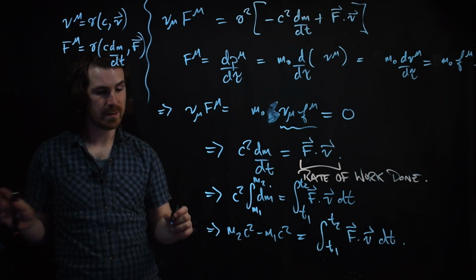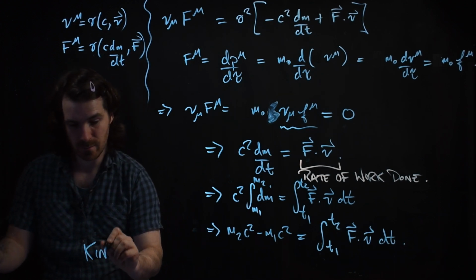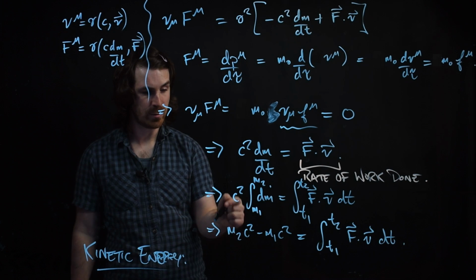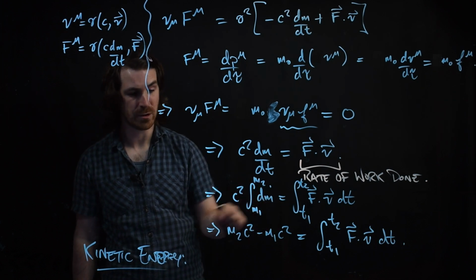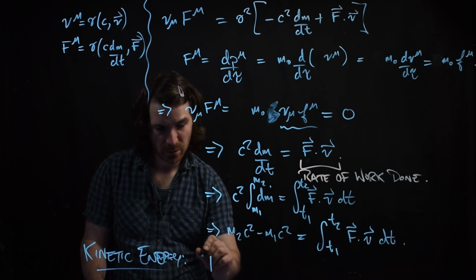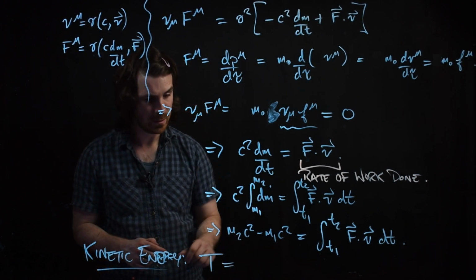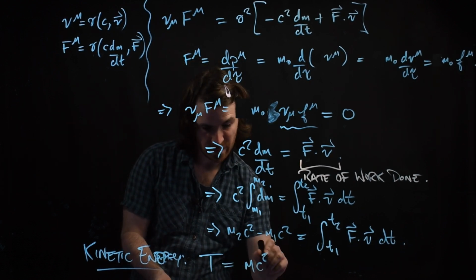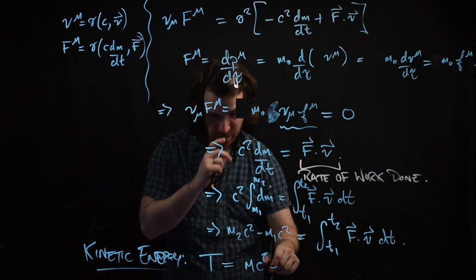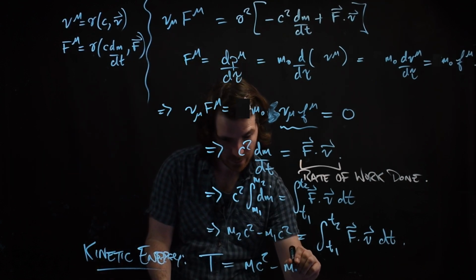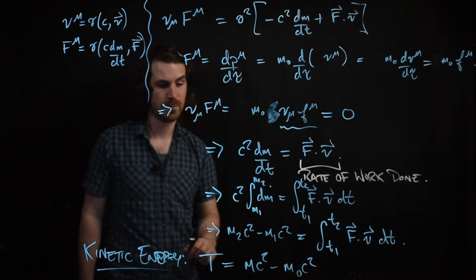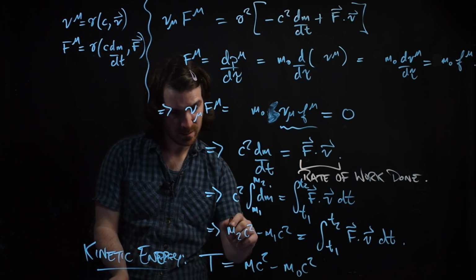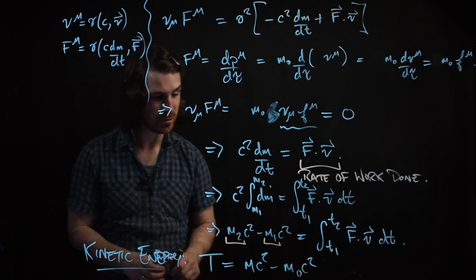At this point we can define kinetic energy. Kinetic energy is defined as the energy required to bring a particle from rest up to its current velocity. So let's call it T, and the kinetic energy is equal to m, the mass of the particle, c squared, minus the energy it had at rest. So this mass depends on velocity.